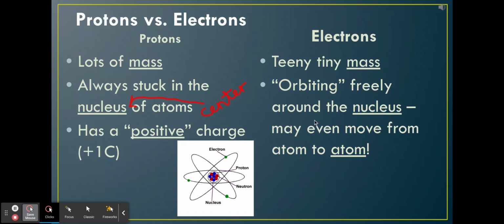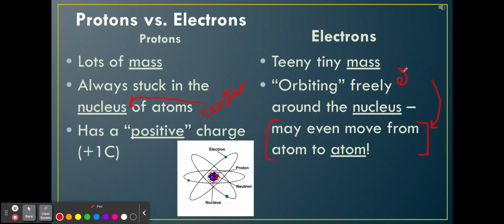They kind of are buzzing around like a bug or something, moving around this center. And they can even move from atom to atom. That part's really important because this aspect, that they can move from atom to atom, is exactly what we're talking about when we are talking about electricity.